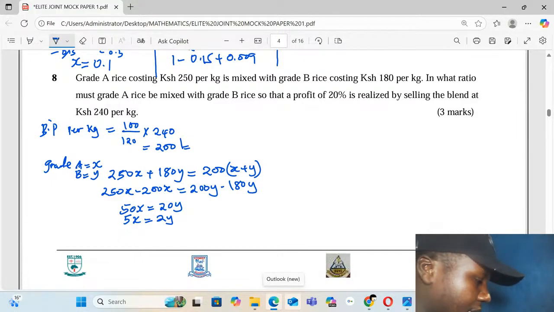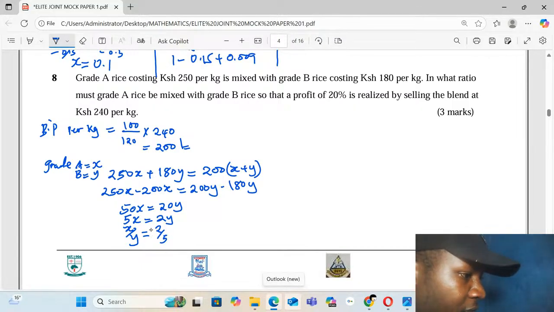This is the same as x over y is equal to 2 over what? 2 over 5. This is the same thing. So that we now determine our ratio.